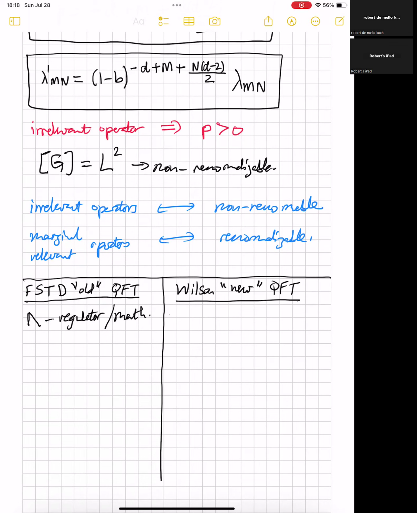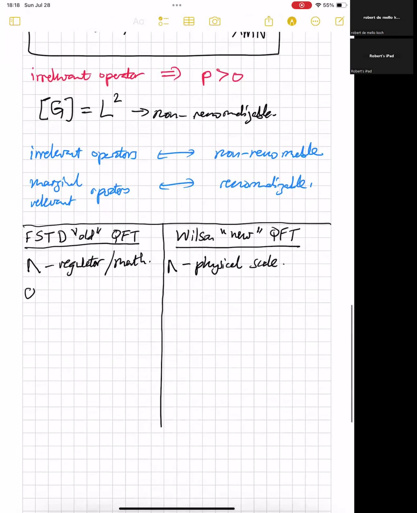For Wilson, lambda is a physical scale, and every quantum field theory comes with a physical scale. Feynman, Schwinger, and Tomonaga would tell you that quantum field theory is fundamental. It is a complete theory of nature. What Wilson will tell you is that quantum field theory is effective.